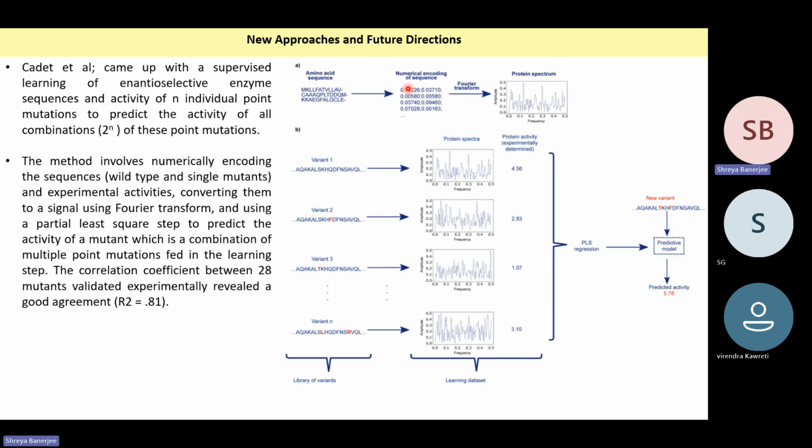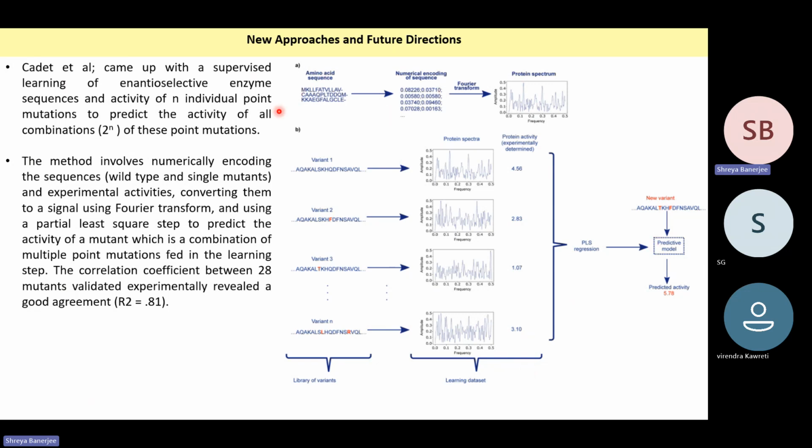So you are numerically encoding the sequence and the experimental activity, and there is a method to predict the activity by combining the mutations. We don't need to go into the numerical details of this, but basically Cadet et al. has come up with a way by which protein activity can be predicted.